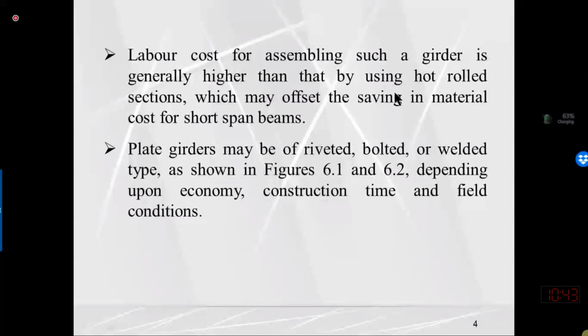Labor cost is a little bit more in the case of the plate girder, because we need to cut the plates and then weld them or connect them by fasteners. So extra labor cost is involved. It means that the material we save by optimizing the section may be compensated by the labor cost. But anyhow, what advantage do we have? We can reduce the overall weight of the structure. If the weight of the structure is reduced, a lesser load is transferred to the column and the foundation underneath.